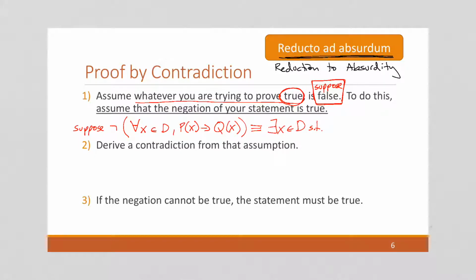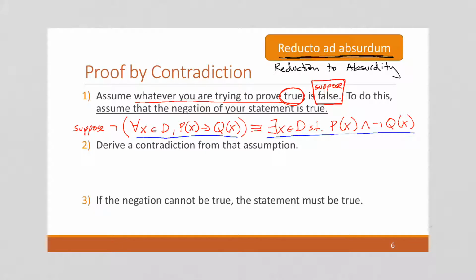Such that, remember, there's no implication in the negation. It's just P of x and not Q of x. So if we're trying to prove that something is true for all elements in a domain, that P of x implies Q of x, we're going to instead suppose that there exists an element in the domain such that P of x is true and Q of x is false.